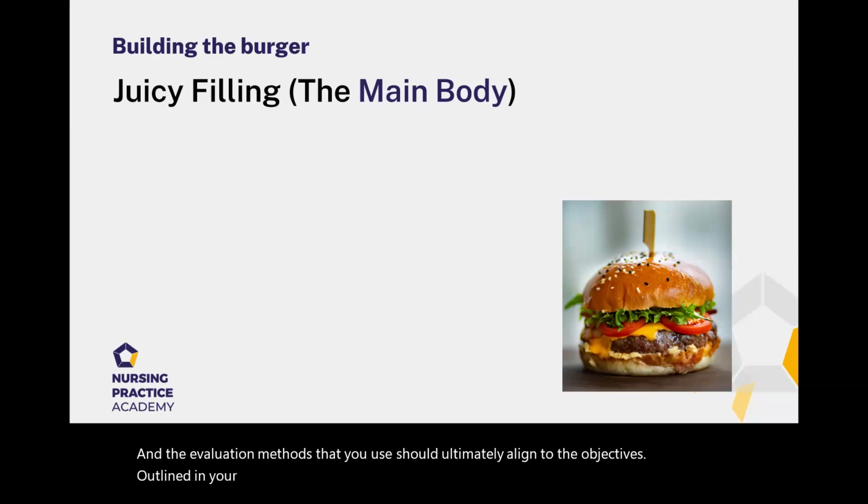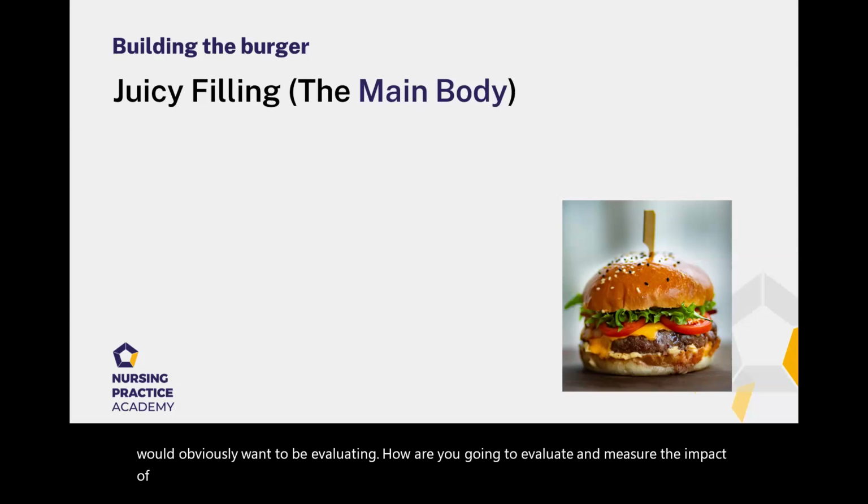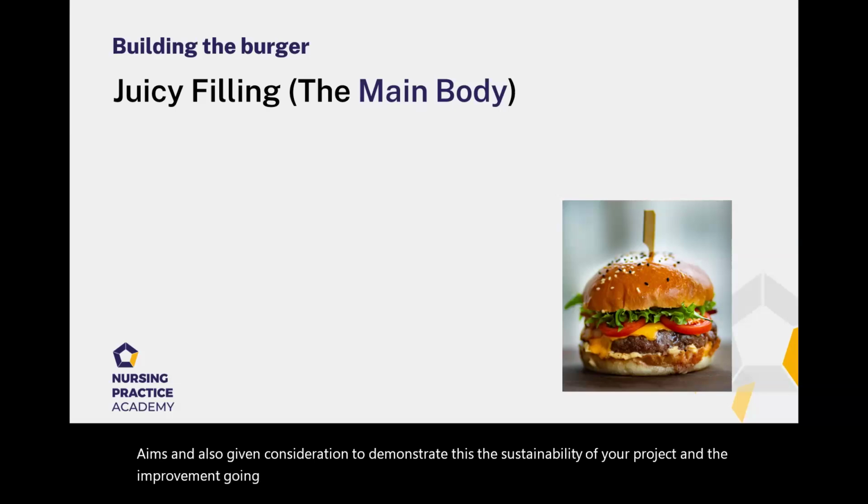So if you have clearly stipulated your aims within that plan, then you would want to be evaluating how you are going to measure the impact of those aims, and also giving consideration to demonstrating the sustainability of your project and the improvement going forward, and considering whether there are any risks to that improvement that may be lost over time as well.